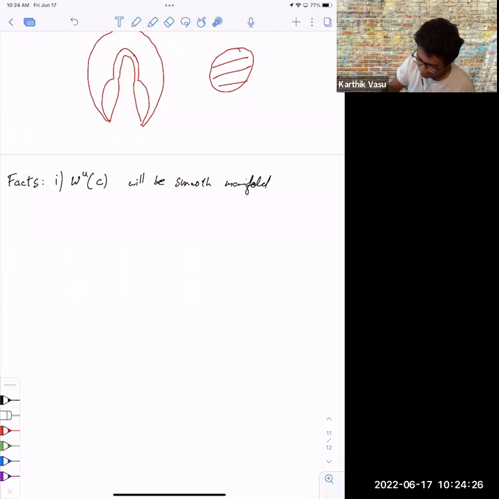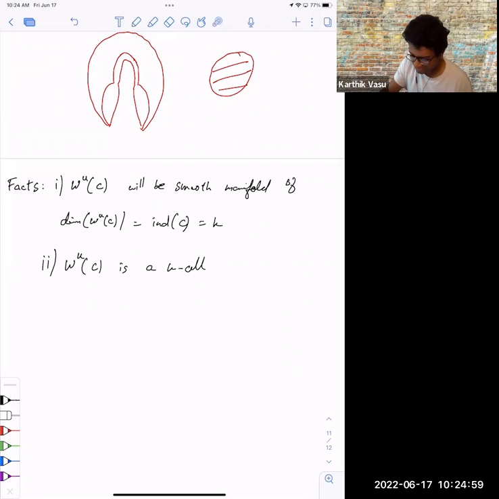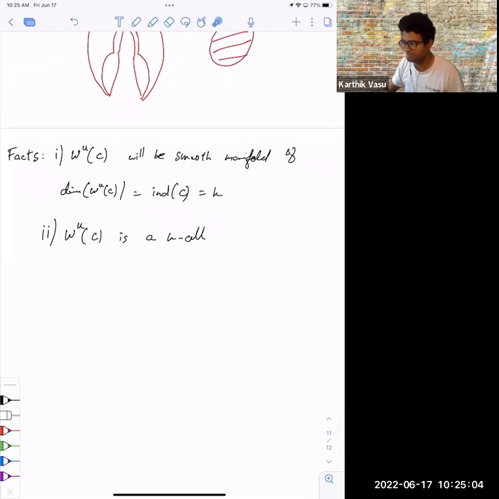Obviously, this requires a proof, but just go with me, saying all these unstable manifolds have to be manifolds of dimension index of C, which is K. And secondly, these manifolds are very simple. These are actually a K-cell, as in it's a ball in R^K. So it's a K-dimensional open ball, basically.